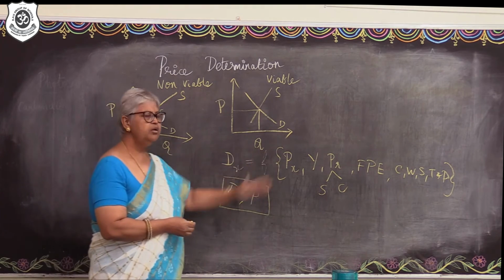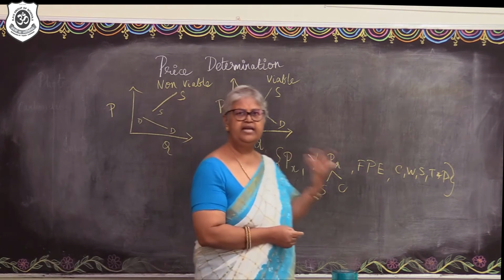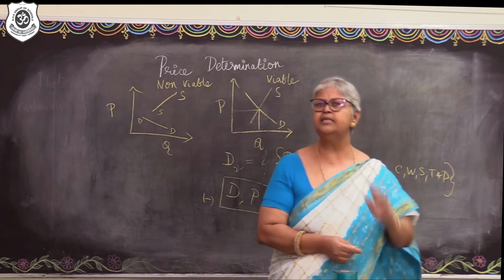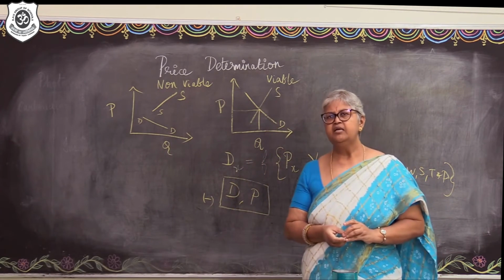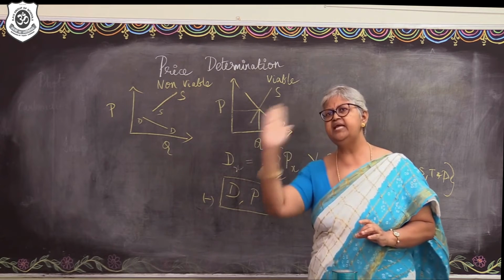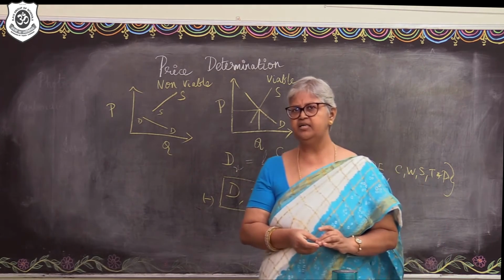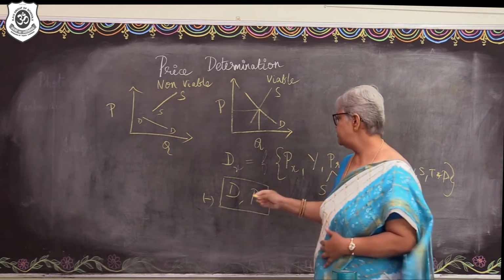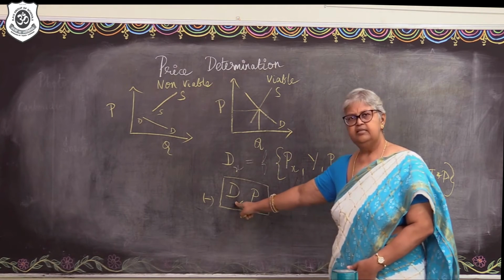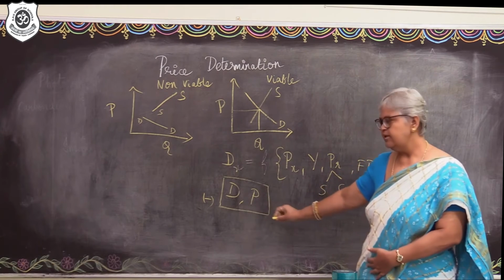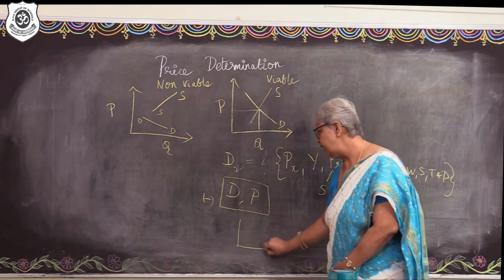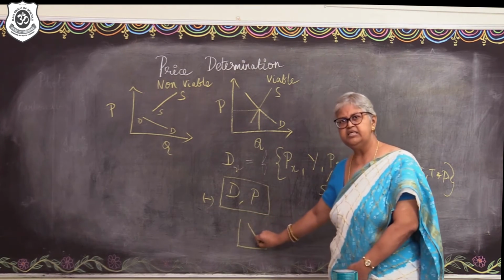What about all other factors? When any factor other than the price affects the demand, there is going to be a complete shift in the demand curve. If the change in demand is due to the price, then that can be understood along the demand curve.